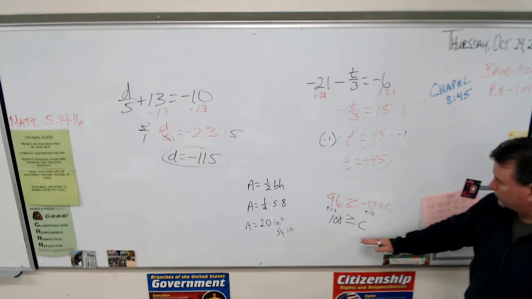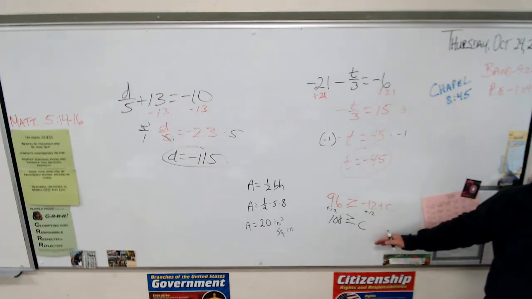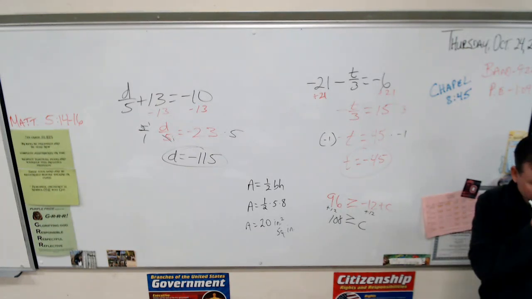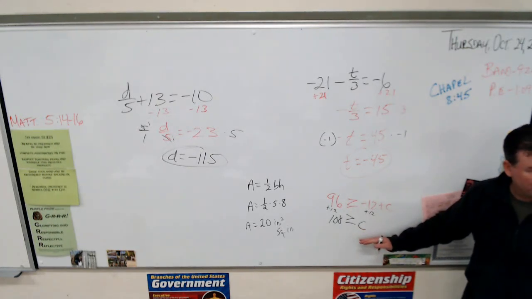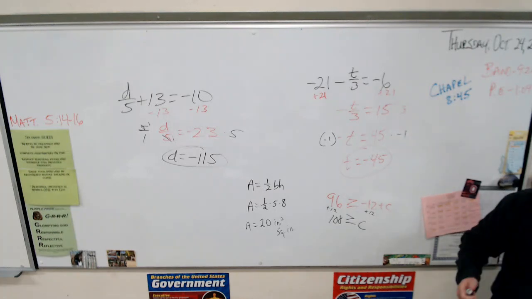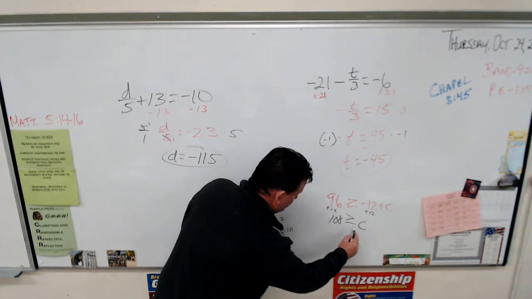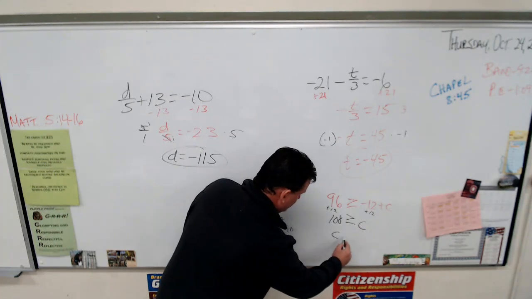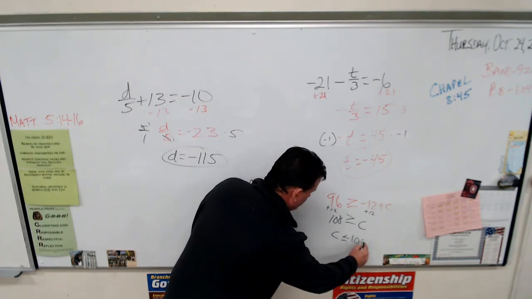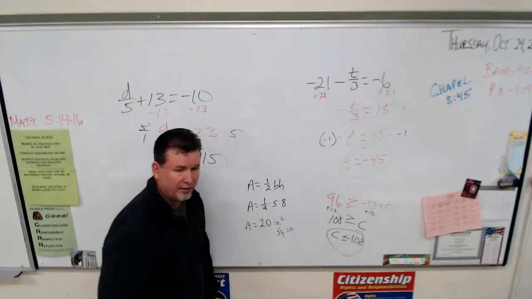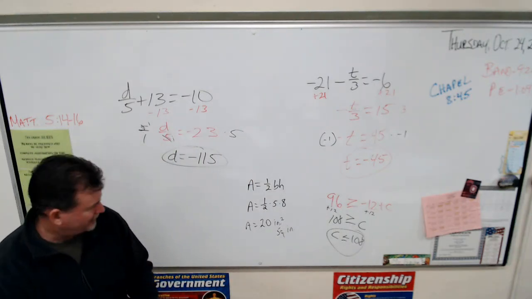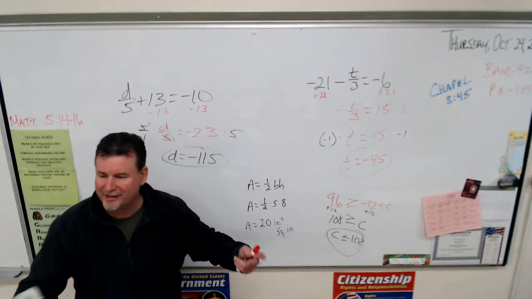Or if you'd rather, David, we're looking for what C is, right? So right now it's written backwards. So if it helps your brain process this better, just rewrite it like this. C is less than or equal to 108. I didn't change anything. I just wrote it where, what is C?